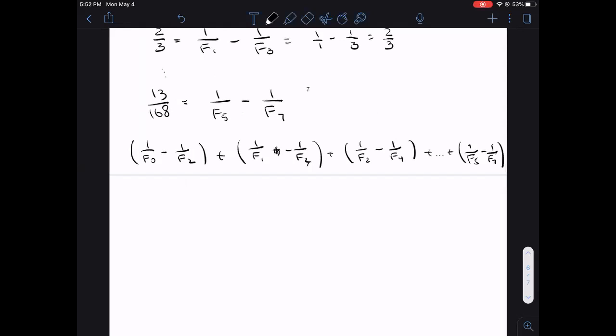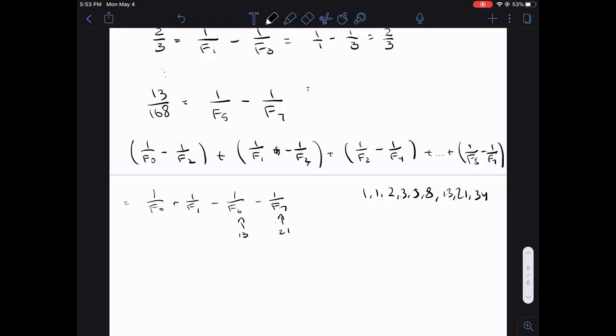Everything here cancels except for those terms, and the rest is just computation. Let's write this out one more time. This is 13.